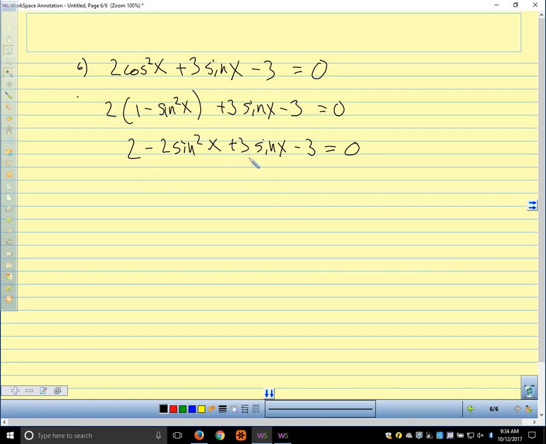So let me combine like terms, and we get -2 sine squared x plus 3 sine x minus 1 equals 0. We could factor from here. That would be fine. I don't like that leading coefficient to be negative. Just personal preference. So what can we do?